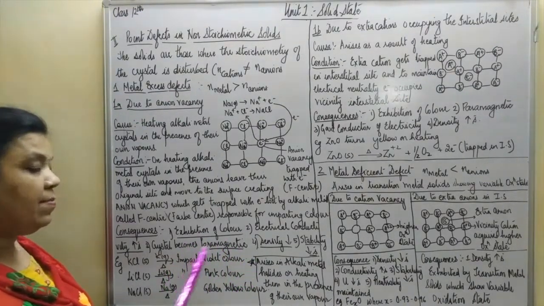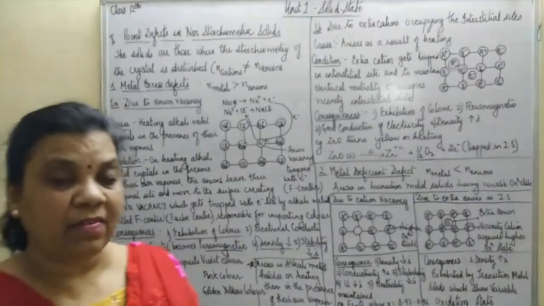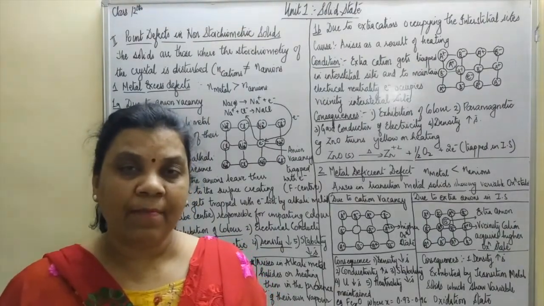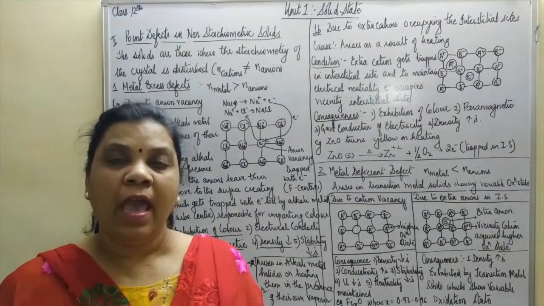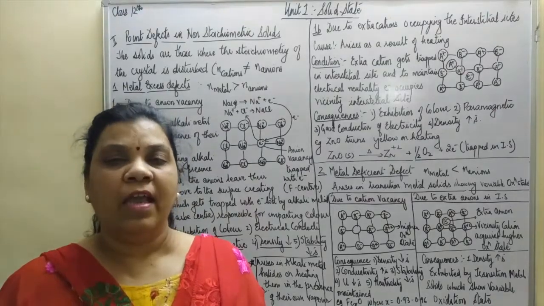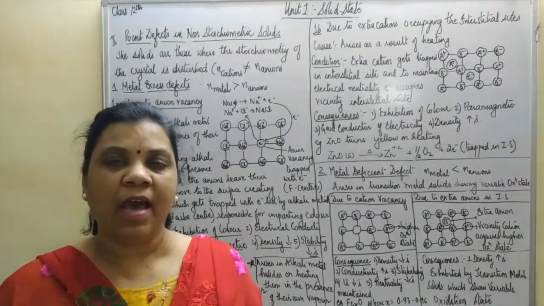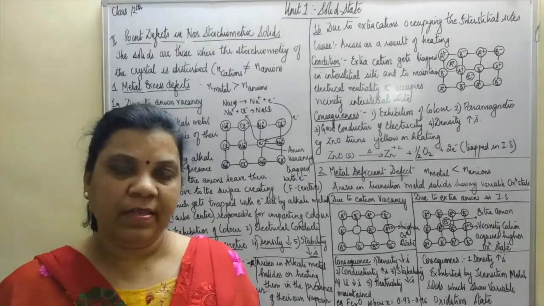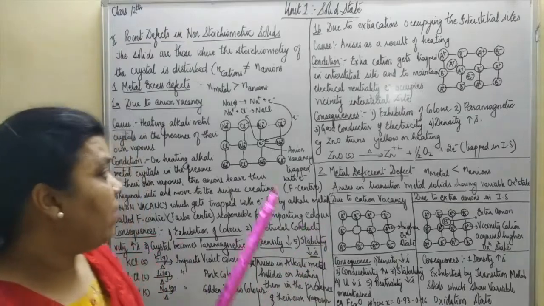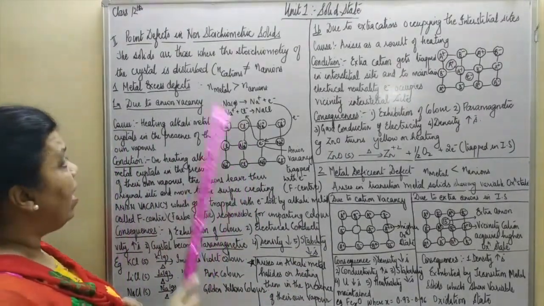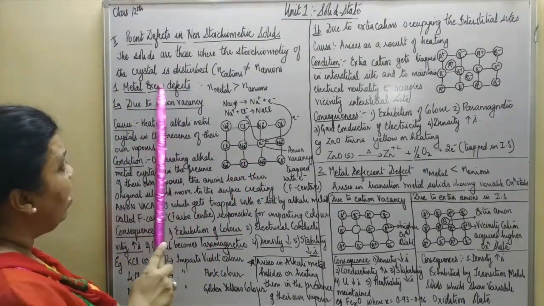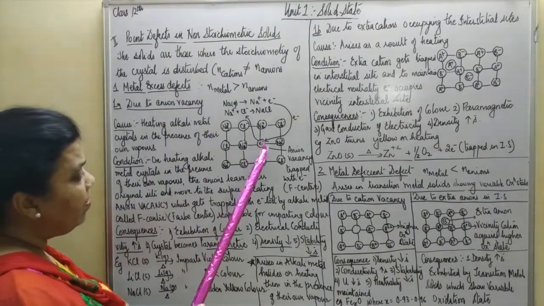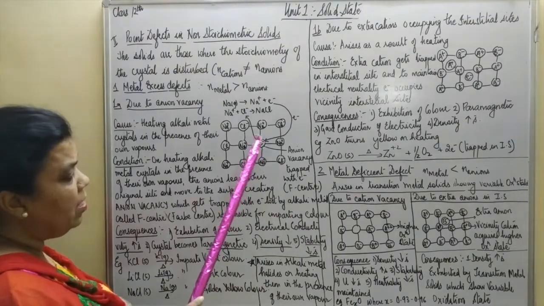So remember, this exhibition of a characteristic color is a very unique feature of the metal excess type of defect exhibited due to anion vacancy, in which the electron gets trapped, and this unpaired electron is responsible for exhibition of a characteristic color. So this is a very, very important type of defect, and this is metal excess defect. Now again, let us see why it is called metal excess, because from this side the Cl minus has been lost.